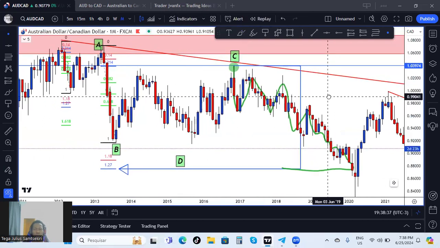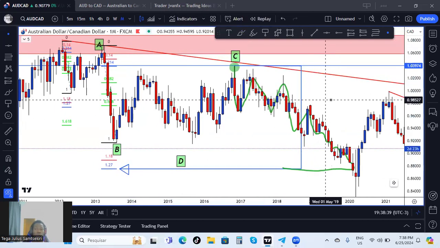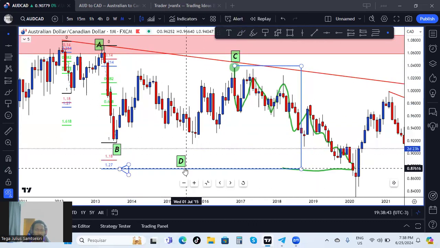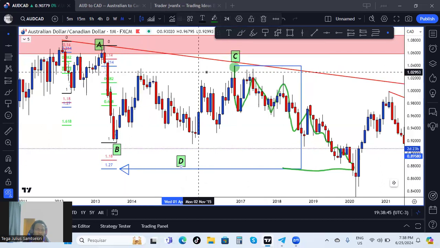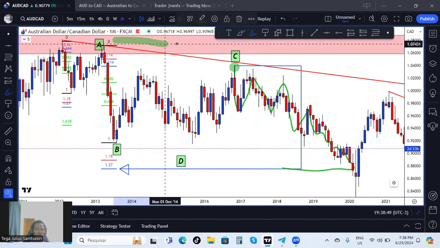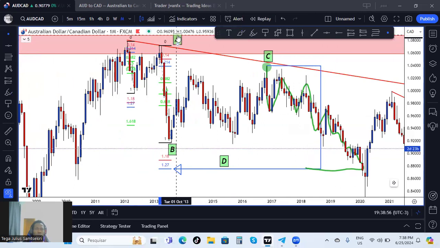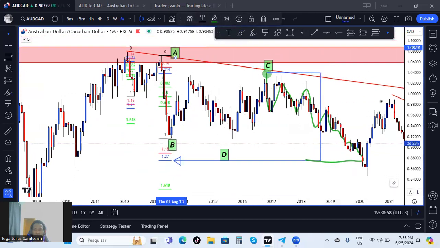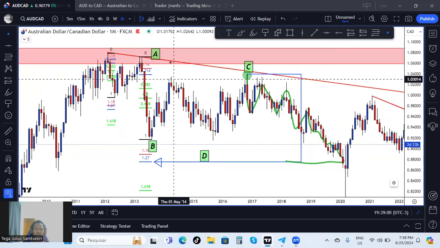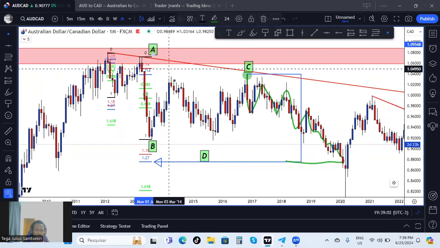Although, as you can see on the monthly time frame, it took a lot of time before the market eventually hit the profit target, because it has to be blue goes to blue, and the stop loss will also go above that level. That is the Fibonacci rules. Stop loss must always come above, because we are looking to sell the market. And if we are buying, the stop loss must still go below the A.